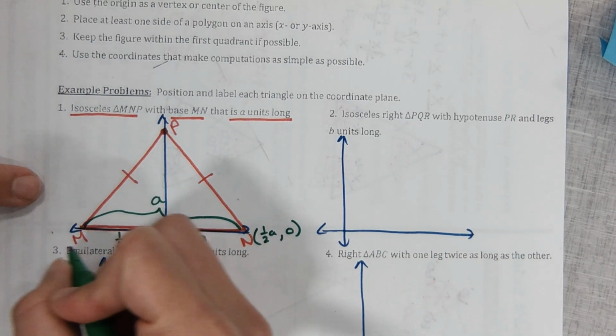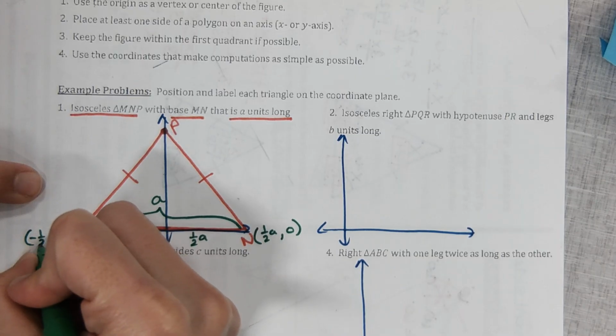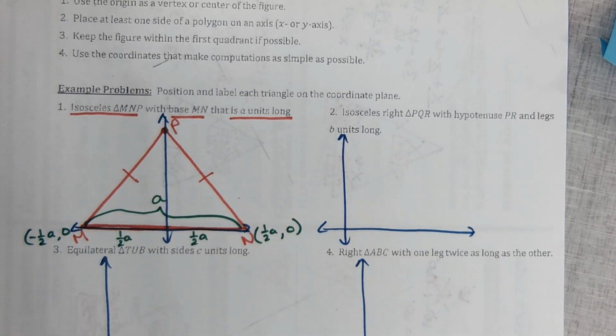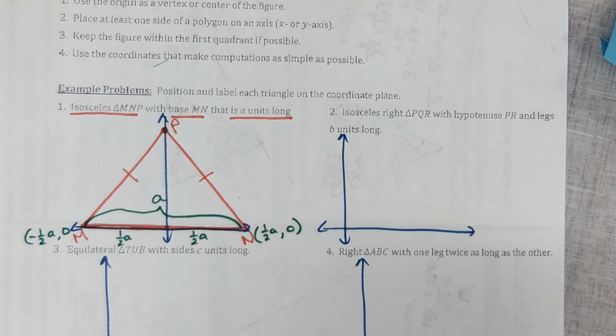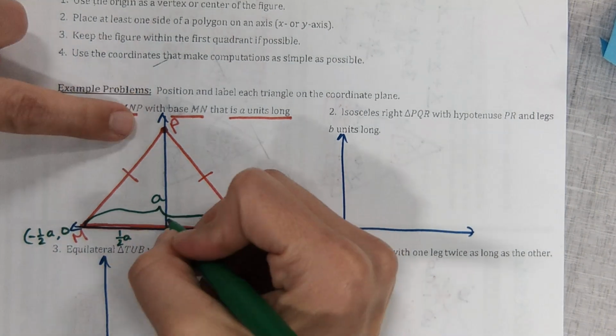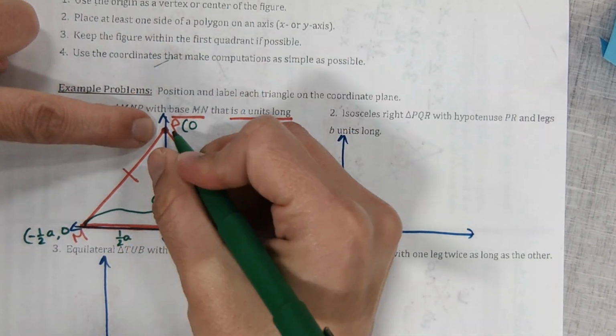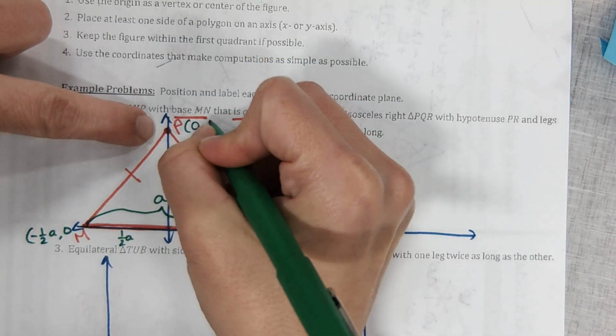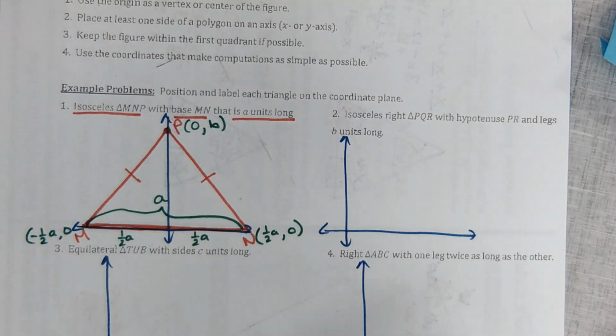And then M over here would be at negative 1/2 A, 0. Okay, and then P, it would be 0 for the X because it's just on the Y-axis. And then the height here is B. So if we can't calculate it, then we just choose another variable.